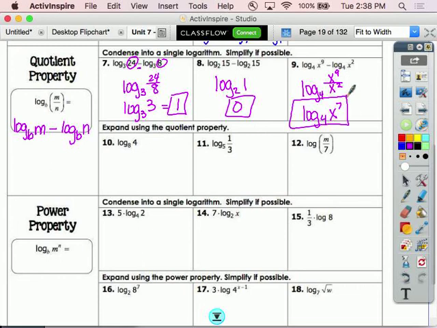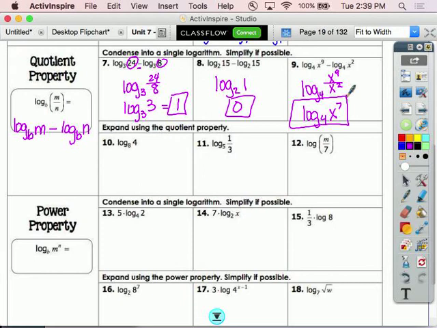So that was a tricky one right there, because you had to change subtraction to division, but division meant subtract. Why are these rules so interrelated? Well, logarithms are the inverses of exponents. So like the inverse of 2 to the x is log base 2 of x.